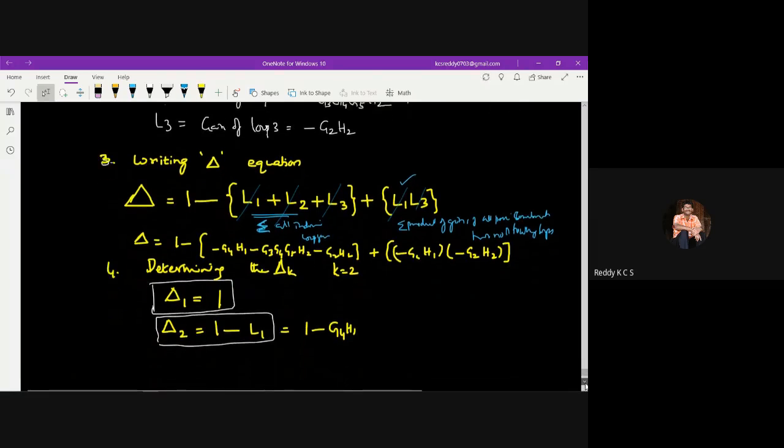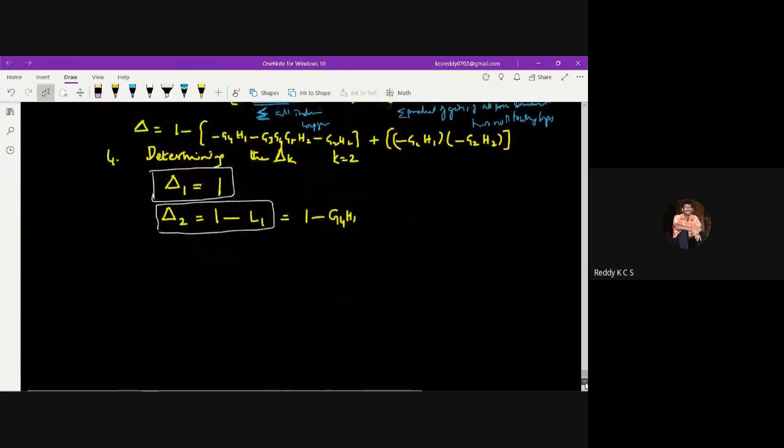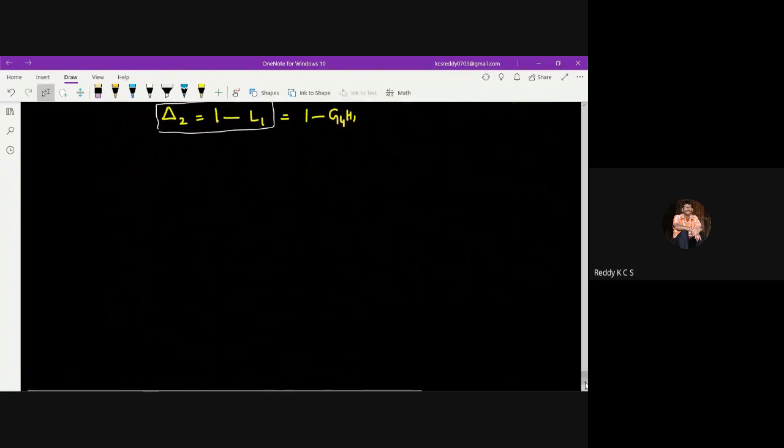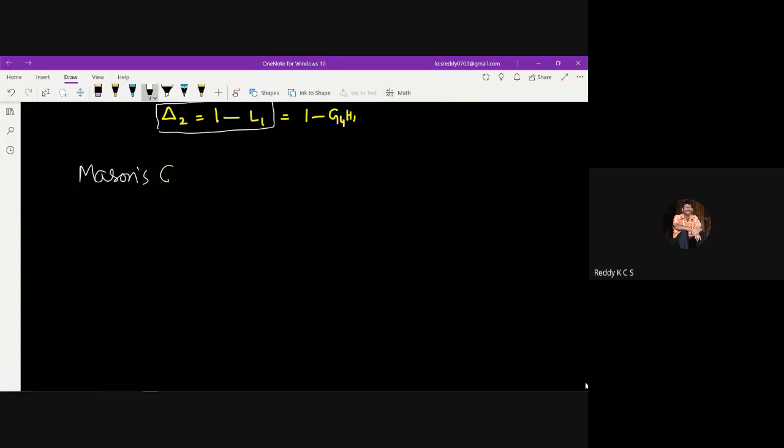Now I'll write the Mason's gain formula, which represents the overall transfer function.